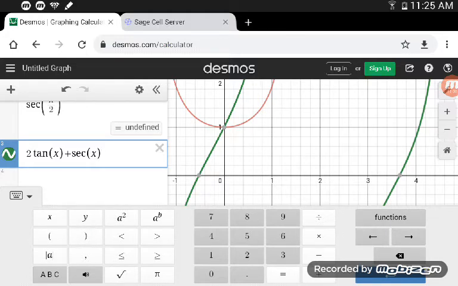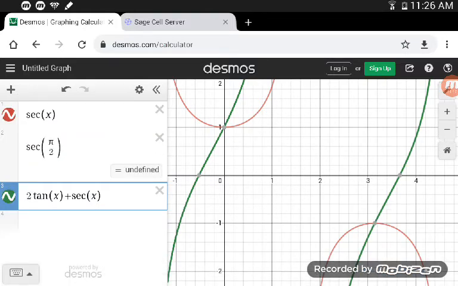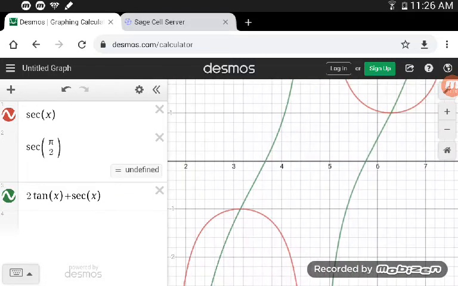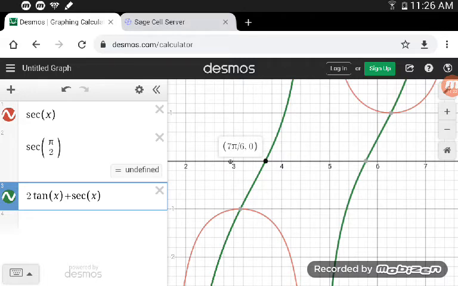And we can look at where that is equal to 0 between 0 and 2 pi, and we found this spot. And look at that. Desmos is amazing sometimes, the way it did the 7 pi over 6. And we can come here and check that one. And 11 pi over 6.